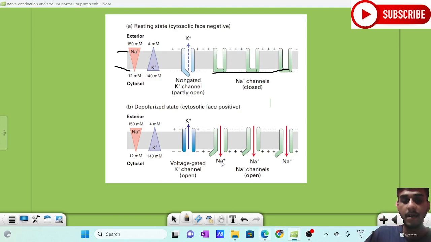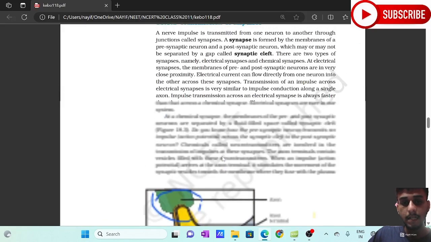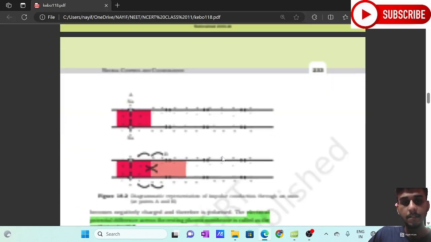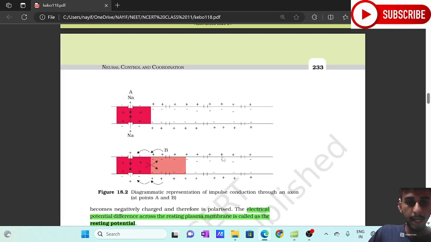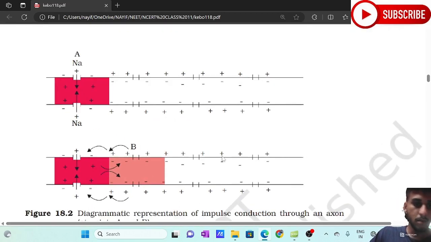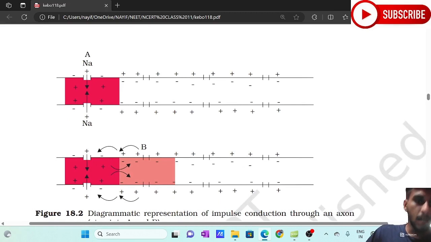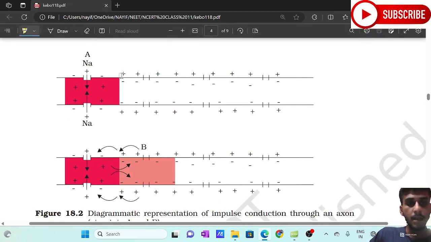In your textbook, how an electrical signal is transmitted is given in figure 18.2. Just look here. In this area the cell is in resting condition, which means positive outside and negative inside.